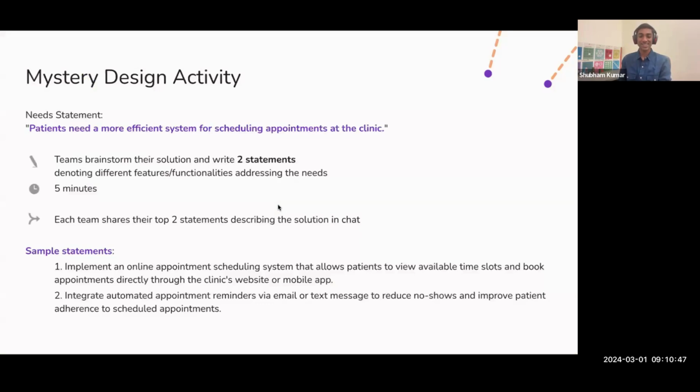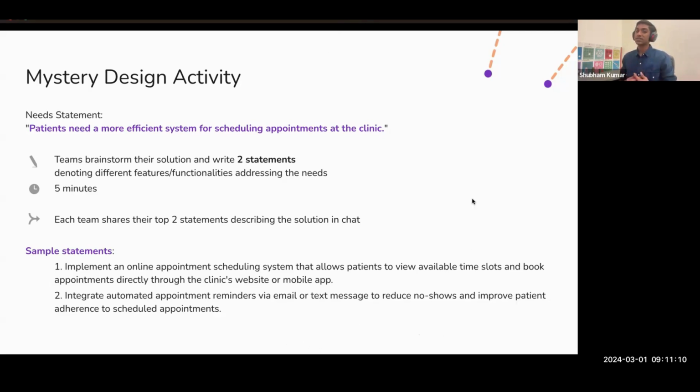Now let's kick things off with a mystery design activity. If we go to the next slide, let's go over what we are planning to do. We're going to break out into teams, and each team needs to take a look at the needs statement. At the top of the slide, you can see a needs statement that says patients need a more efficient system for scheduling appointments at the clinic.